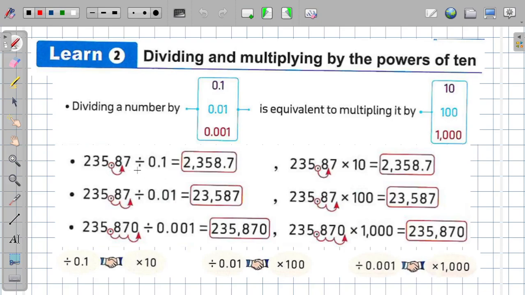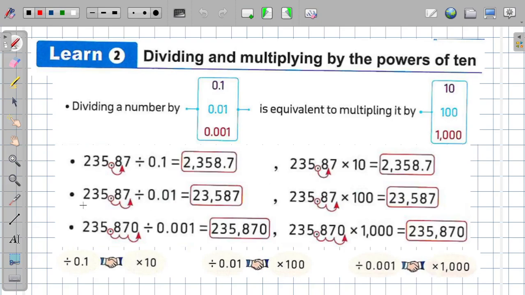So if we have an example like this, 235.87, and I want to divide it by 0.1, I will move the decimal point one place to the right. So the result will be 2358.7. But if we multiply the same number by 10, we will get the same result.